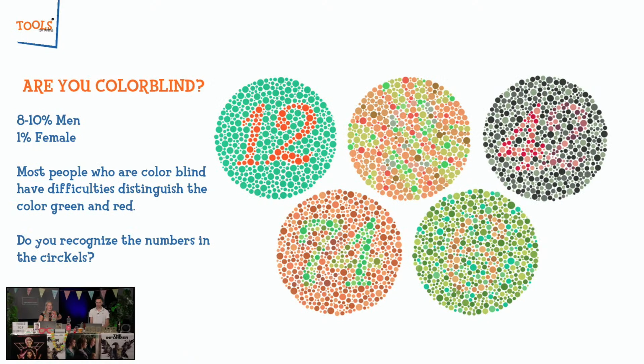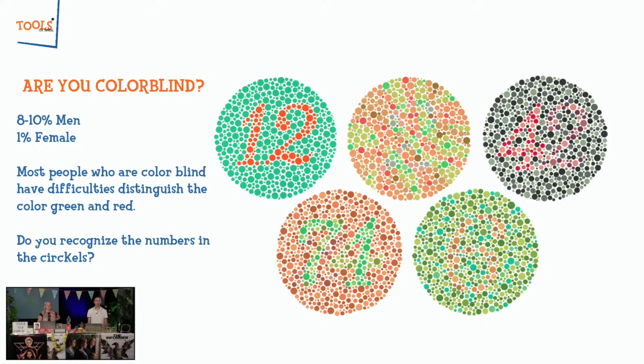Let's take a look at this little color blindness test. It says that 8 to 10% of men are colorblind and only 1% of females. Most people who are colorblind have difficulties distinguishing the colors green and red. We don't say that if you don't recognize the numbers in these circles you're colorblind.